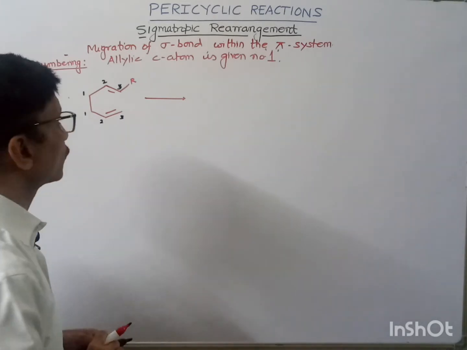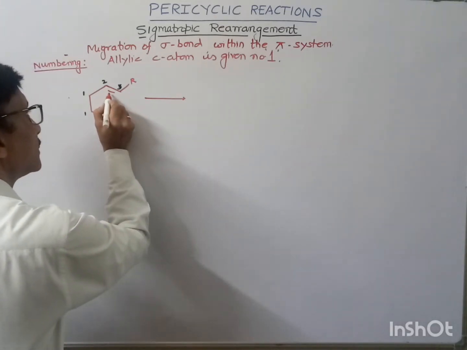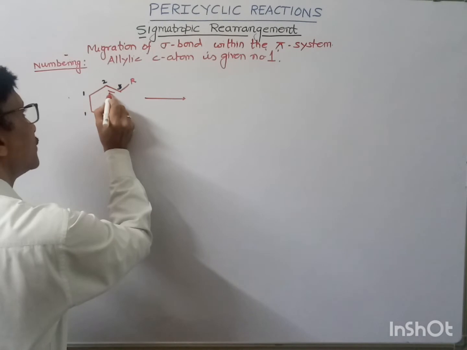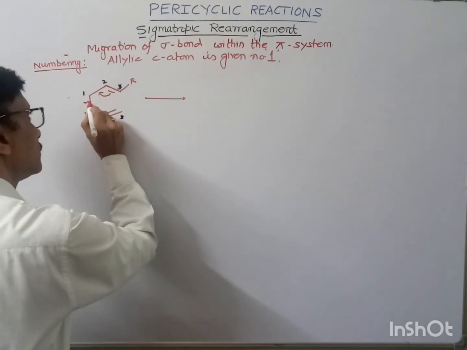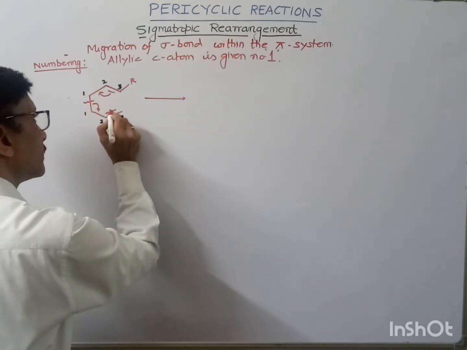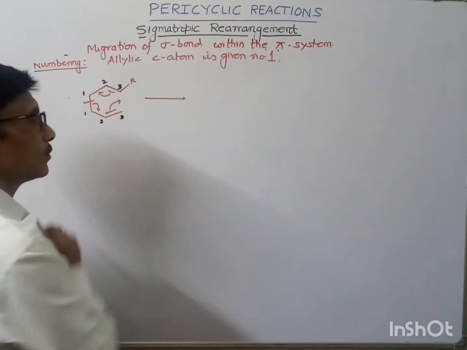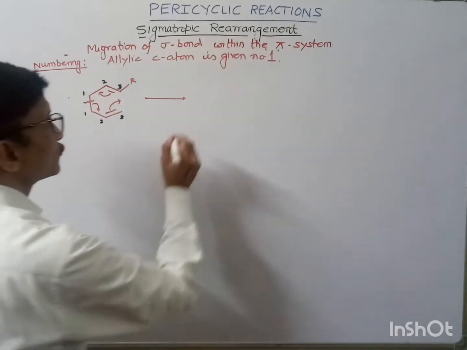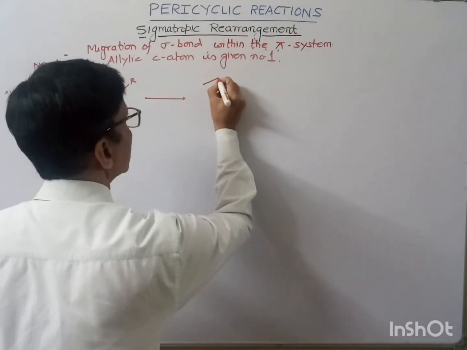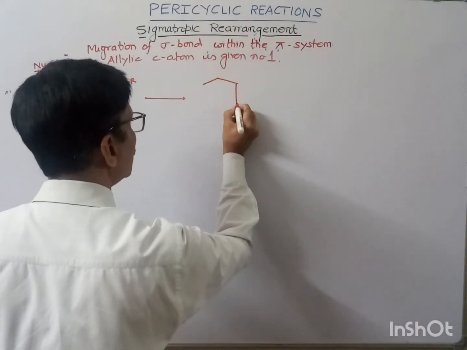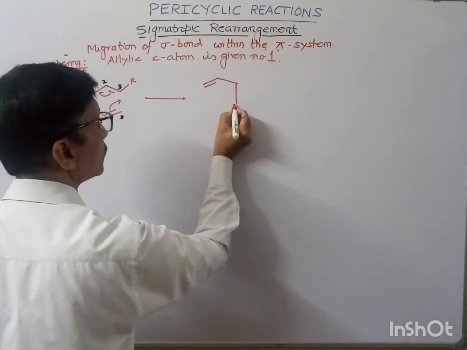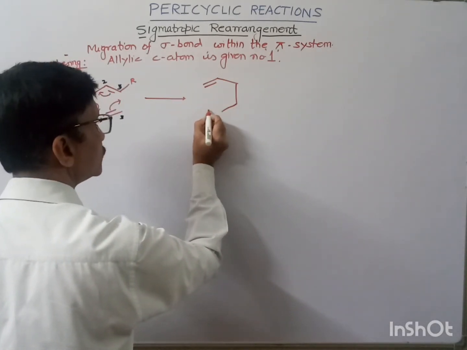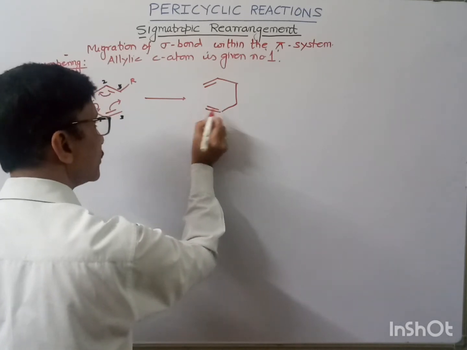Now, as it is given energy, the pi shift will start here, and this bond will get broken, and this will go over here. Here a new bond is formed. So what would be the result? Here a new sigma bond is formed. Here a new pi bond is formed. Now the double is converted to a single bond, and this single is converted to a double bond.